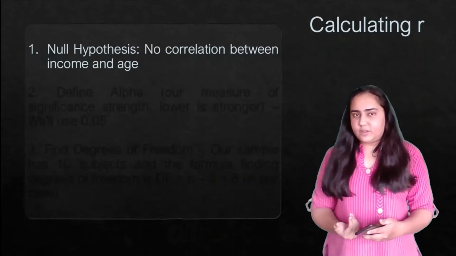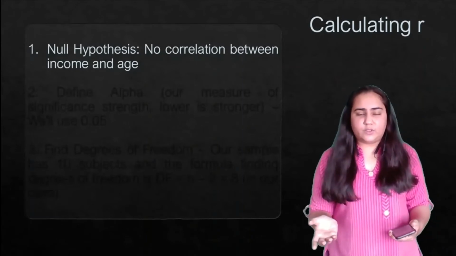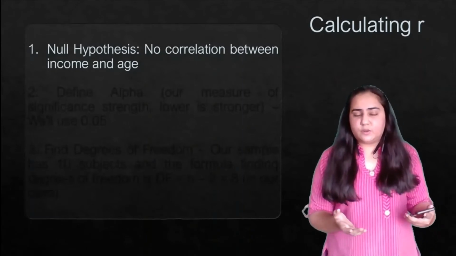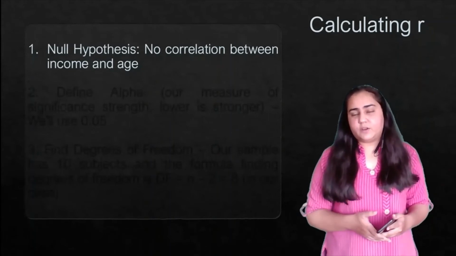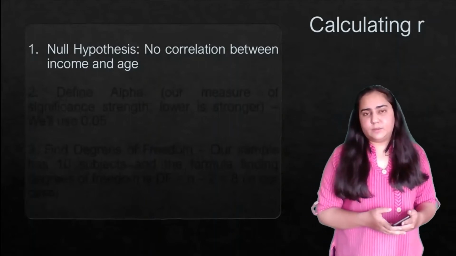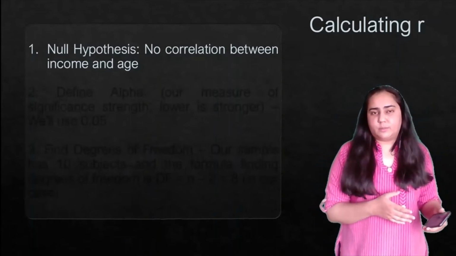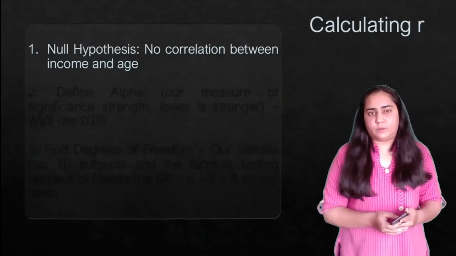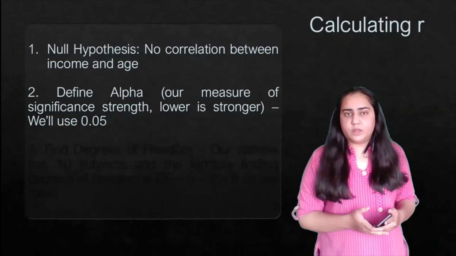And our alternative hypothesis would be that there is a correlation between income and age. Either there's a positive correlation or a negative one. We do not know yet, but we'll find out when we find R. So that is our null hypothesis, because we always need to either prove the null hypothesis or disprove the null hypothesis.